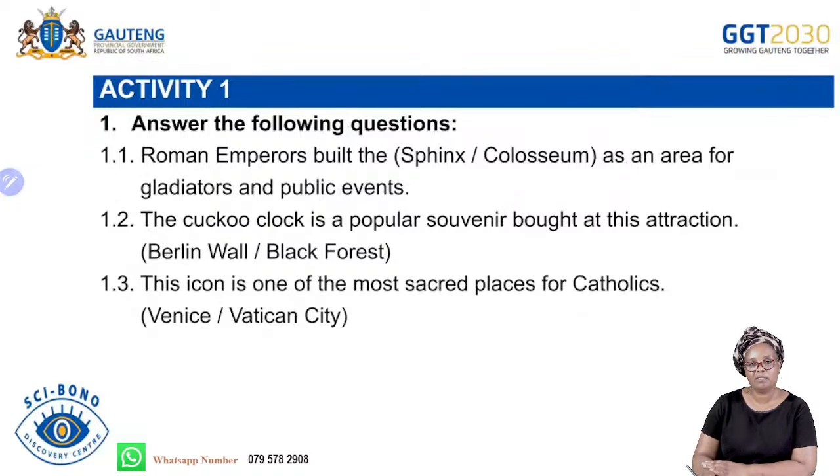We talk about this. If you have said that it is the Colosseum, you are right. Remember, it was the Colosseum whereby gladiators were fighting each other there. And for public events, remember those public events whereby prisoners were being executed, things like that.